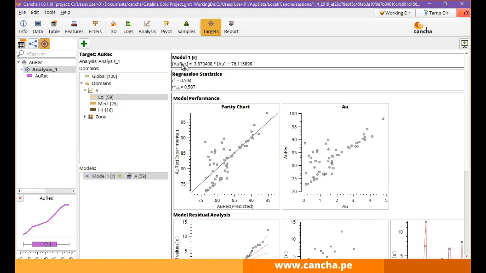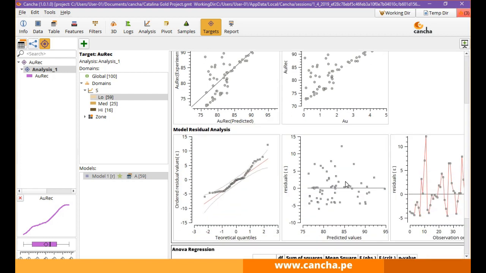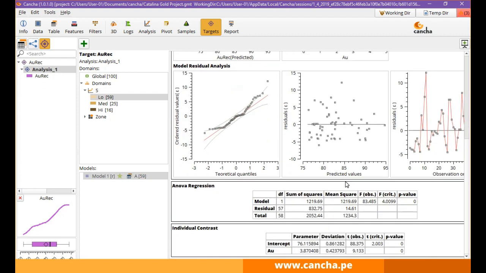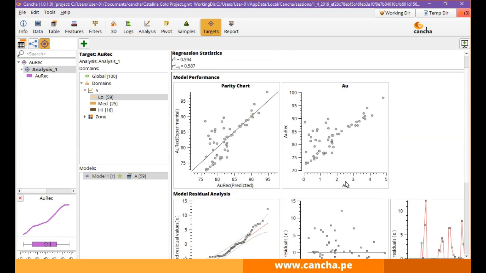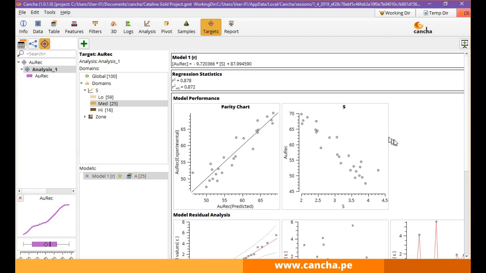We can see here we've got a formula. The gold recovery is equal to 76 plus 3.9 times the gold grade. That's interesting. But it doesn't seem to be a major improvement over what we've seen in the last model, or the global model. And look at the medium one.